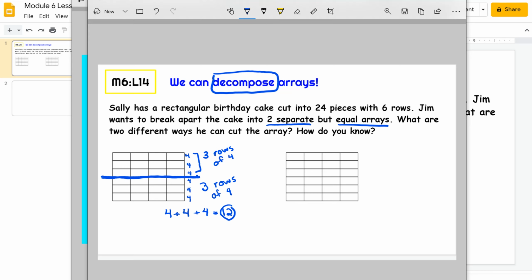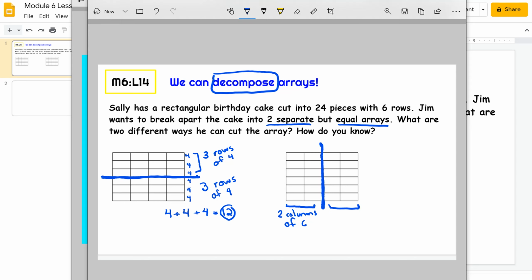Now here's the same cake, but this time I could cut it by thinking about columns. So if I divided the cake right down the middle into columns, now this cake would be divided into 2 columns with 6 in each.